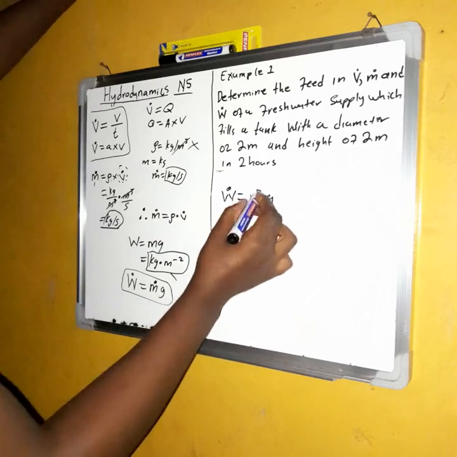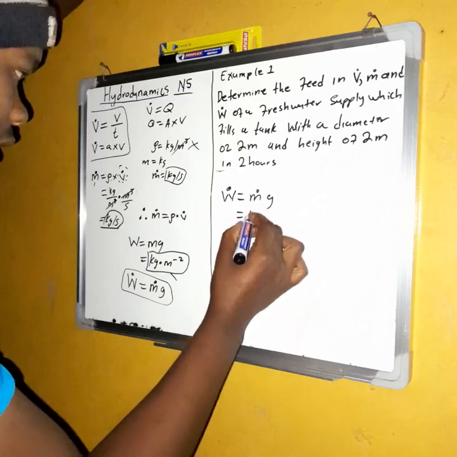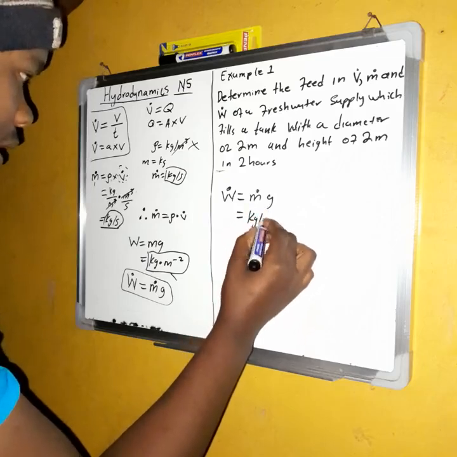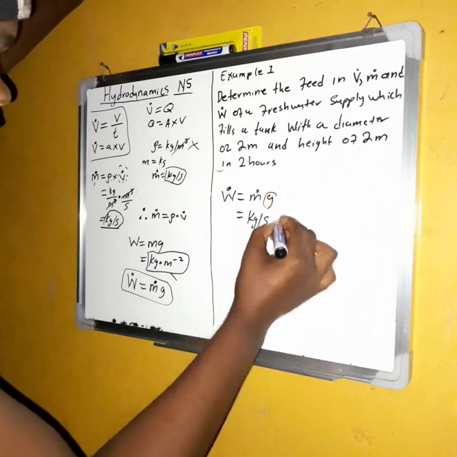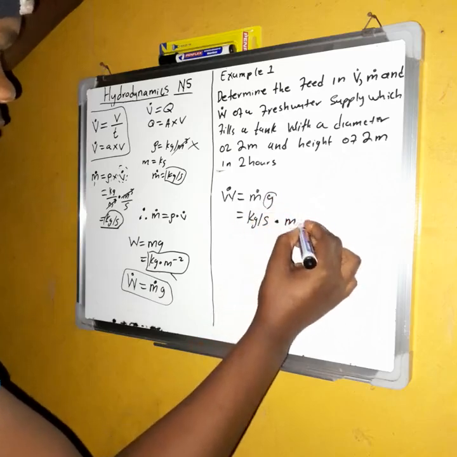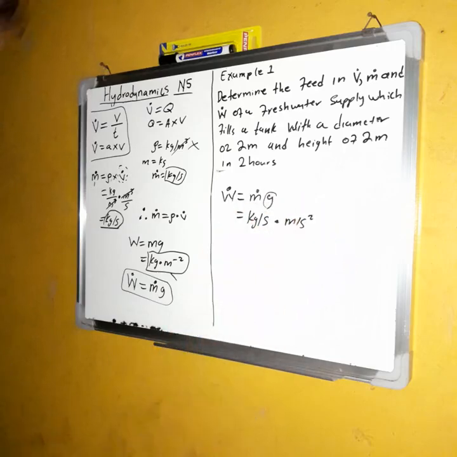Because the mass flow is measured in kg per second, right? And this gravity is in meters per second squared, right?